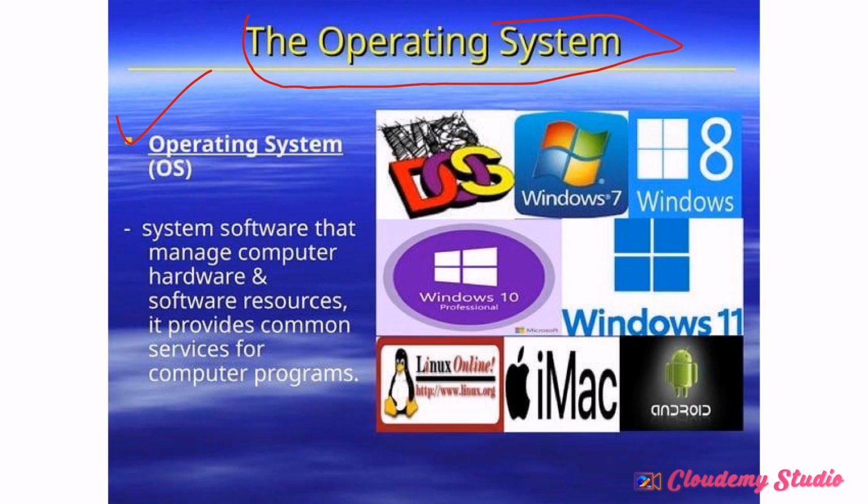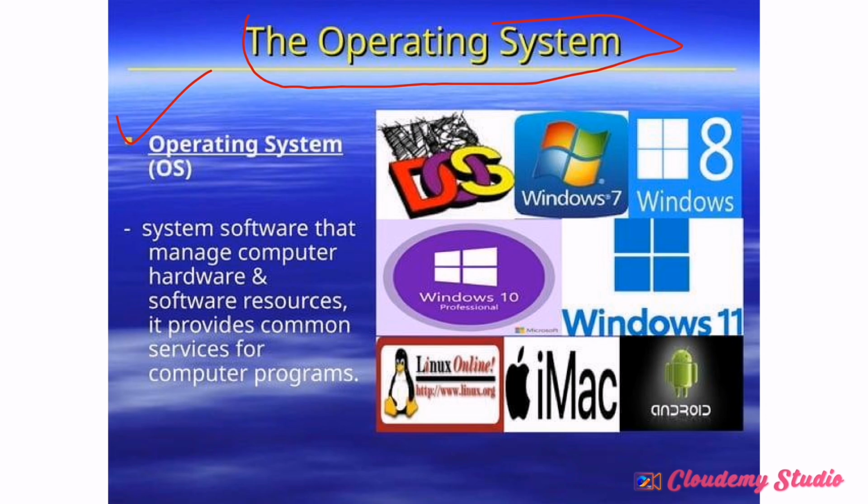After restarting, the computer will process, that is, it is reading. After processing, it is going to bring the windows onto the screen. Then that windows is the one that we call the operating system. Are we clear? Okay, that windows, it can be Windows XP.